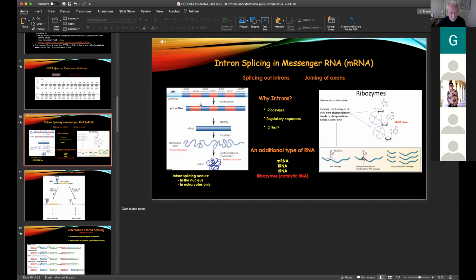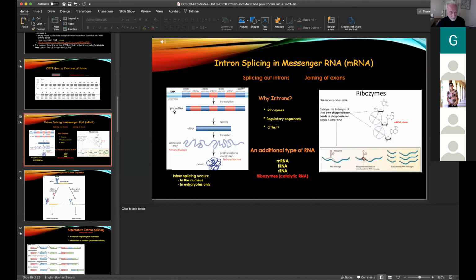Intron splicing to make a message. If you look to the left, the top line is DNA, which has both exons and introns, and that is transcribed into an RNA that's called a pre-RNA because the exons and introns are both still there.